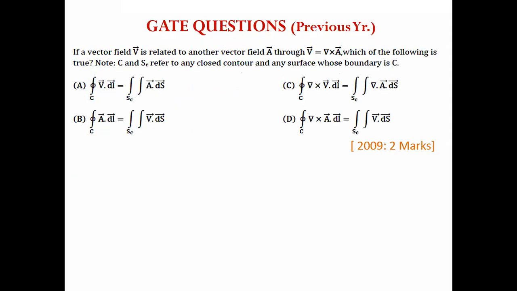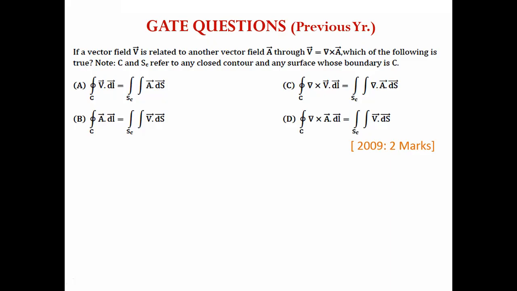See, this question was asked in 2009 for 2 marks. Go through the question. Vector field B is related to another vector field A through B vector equal to del cross A vector, which of the following is true.